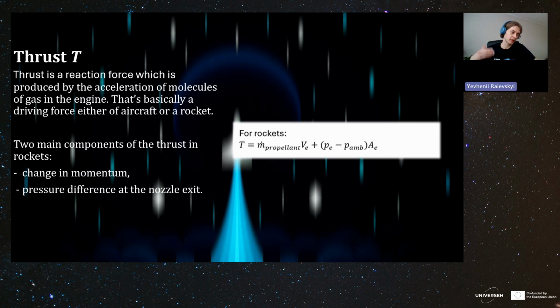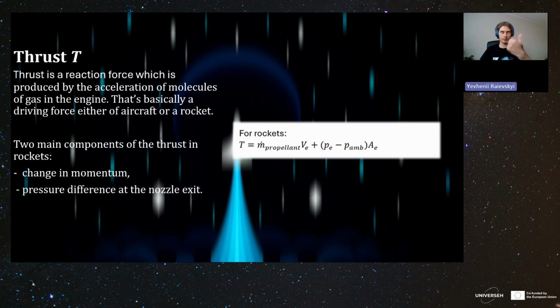Of course, as we said with jet engines, when momentum is changed, force must be applied. So this force here is the partial thrust coming from the change in momentum.